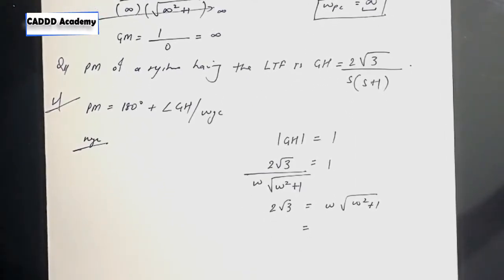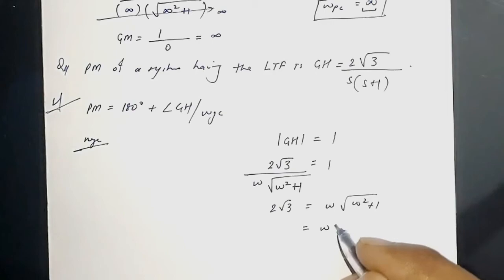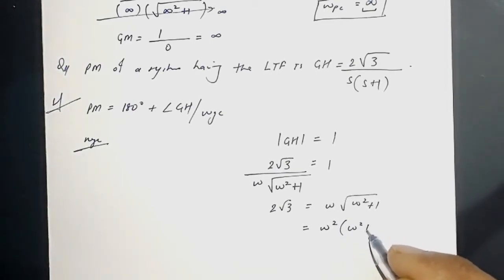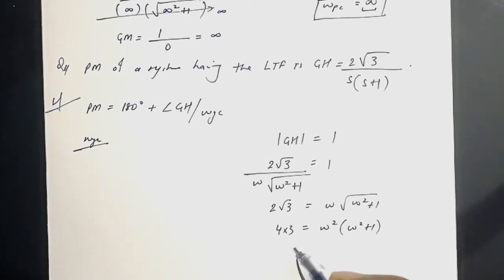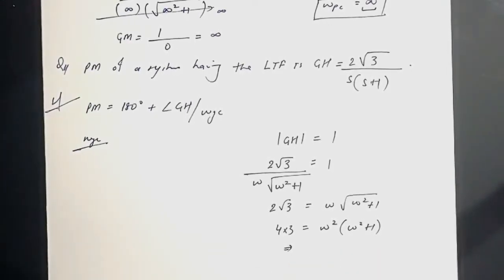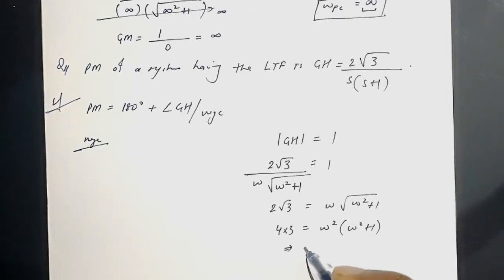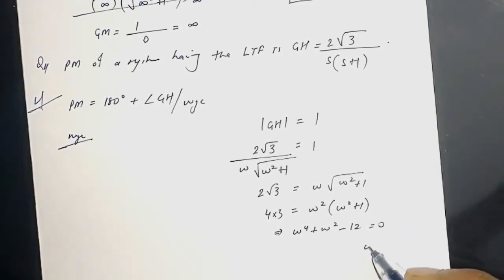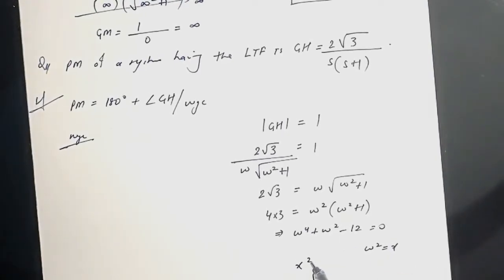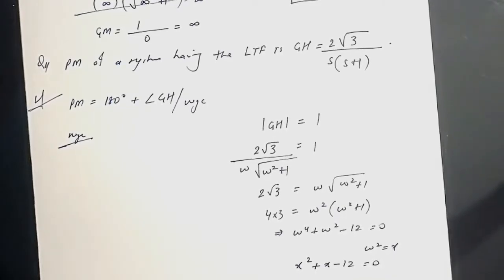Now we will square both sides, so this will be this thing, and our quadratic equation will be like this one. Now we will put omega square is equal to x, then the equation will be the quadratic equation like this.